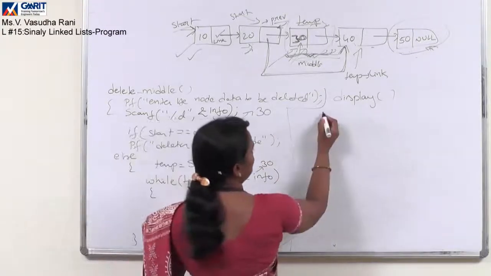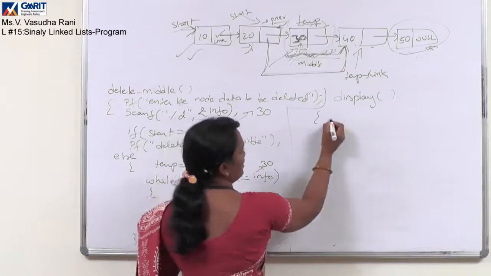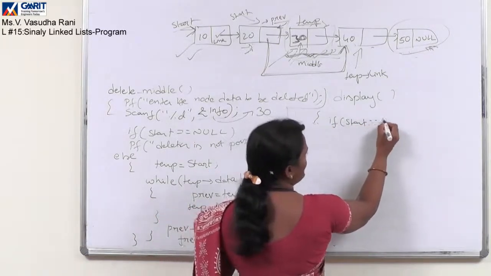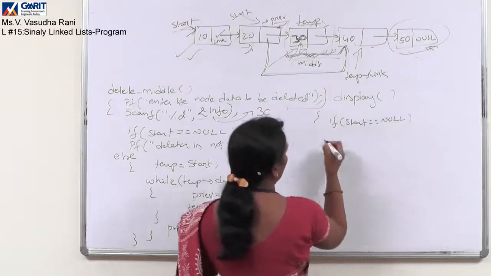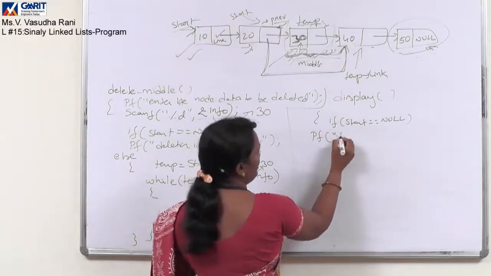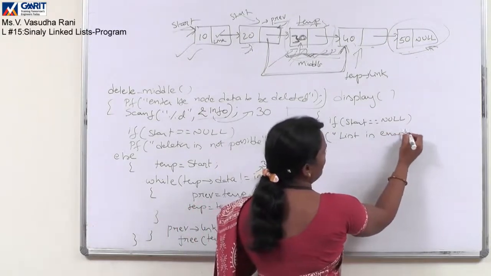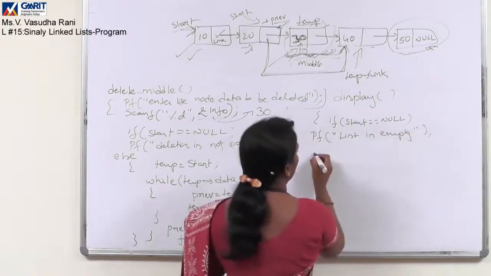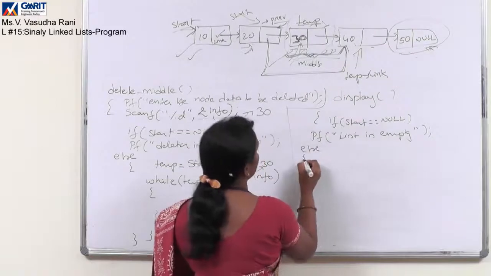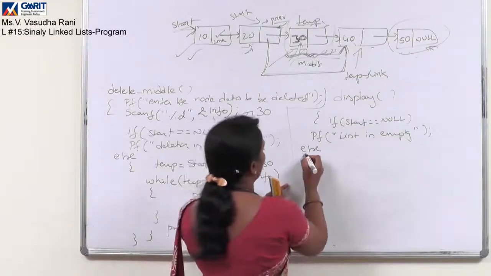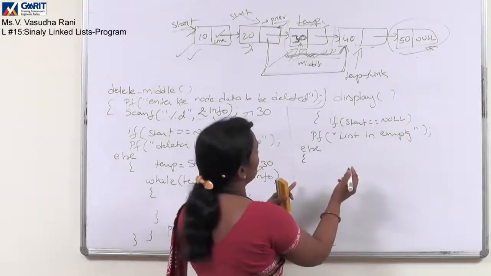So for that, display code we can define the same thing. If start is null, printf list is empty, there is no data to display, else our same procedure of traversing the list.